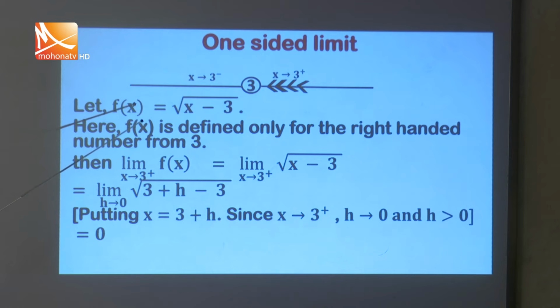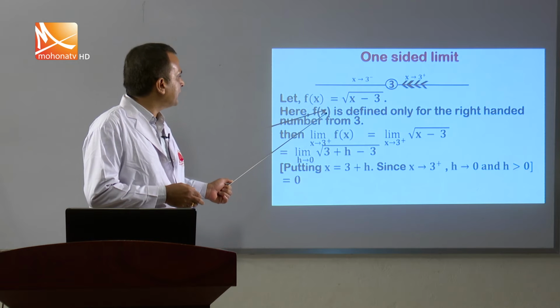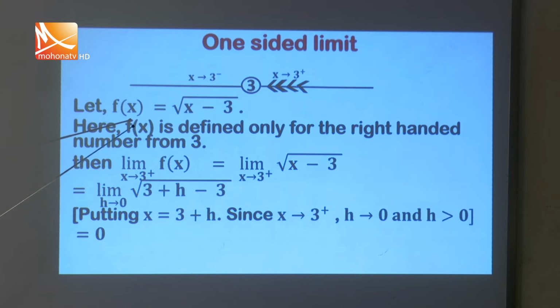On the other hand, we can say that f of x is undefined for the left-handed numbers from 3. That is, f of x is undefined for x less than 3, in another sense, when x is less than 3 minus.